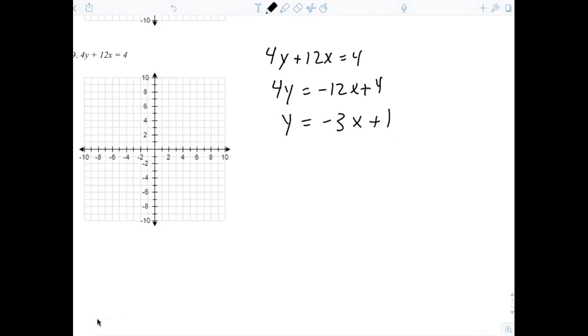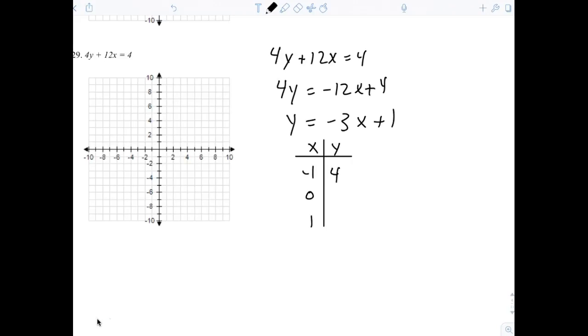So now we have to make a table. What numbers are we going to use? Negative 1, 0, and 1. So if I plug negative 1 in, what do I get? 4. Very good. If I plug 0 in, what do I get? 1. If I plug 1 in, what do I get?